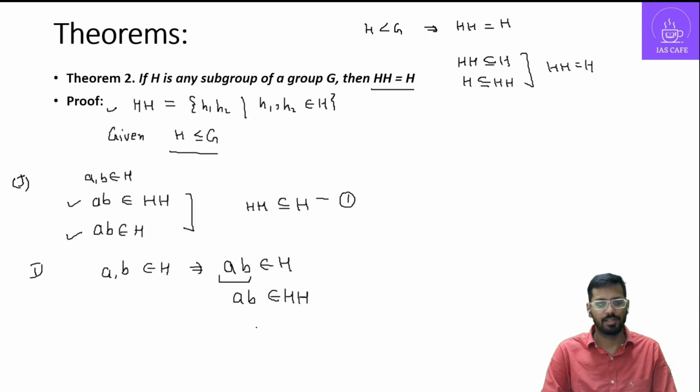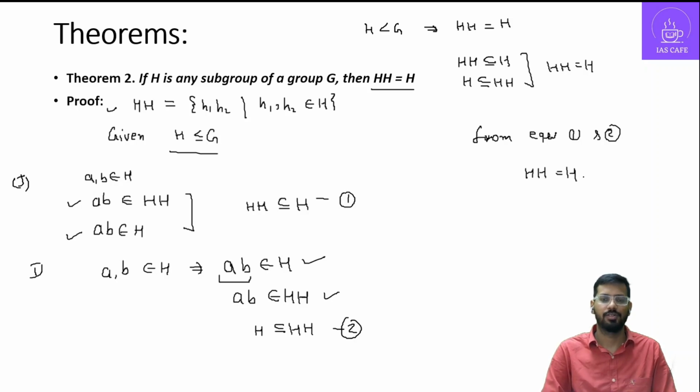So from this we can say H is a subset of HH, because we started from this and ended with this. Call it equation 2. Now from equations 1 and 2 we can write HH is equal to H.